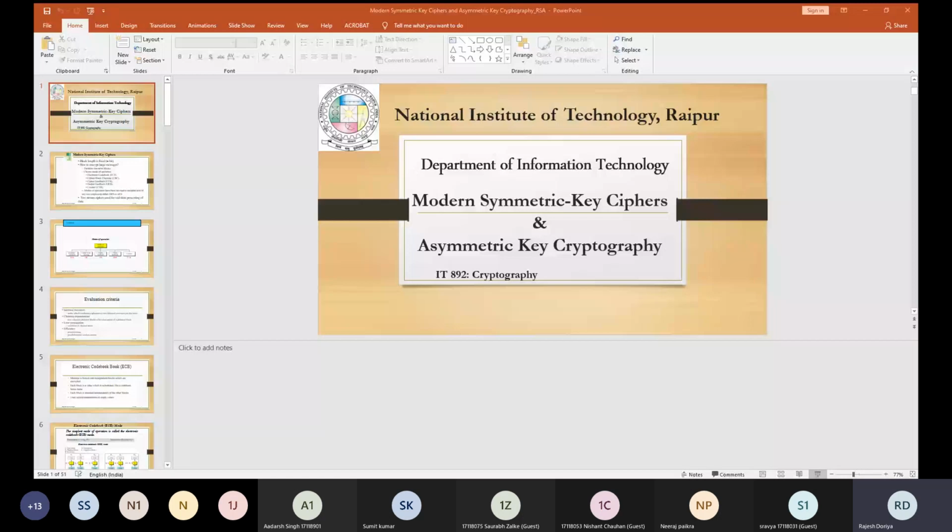So there are a few modes of operation, and these modes of operation are named electronic codebook, cipher block chaining, cipher feedback, output feedback, and counter mode. So let us see what these modes are, okay, and we call them modes of operation.